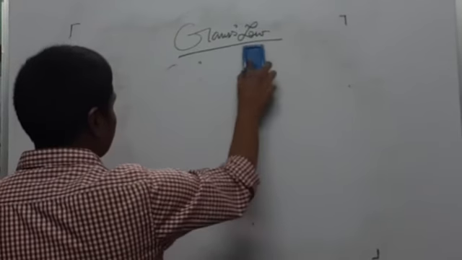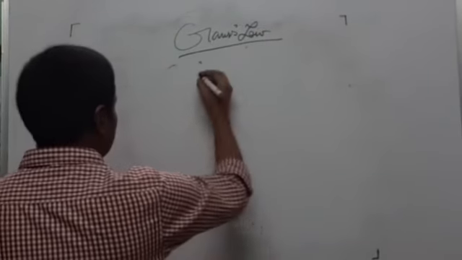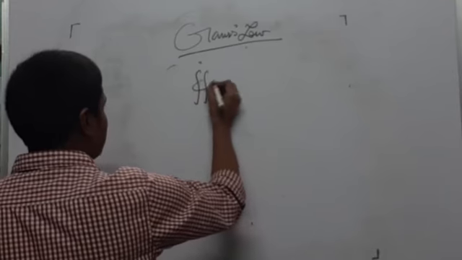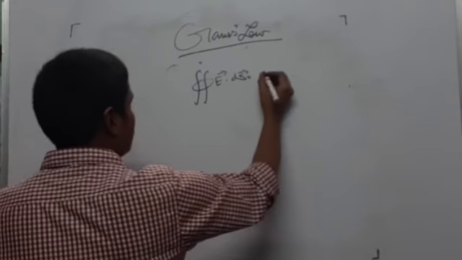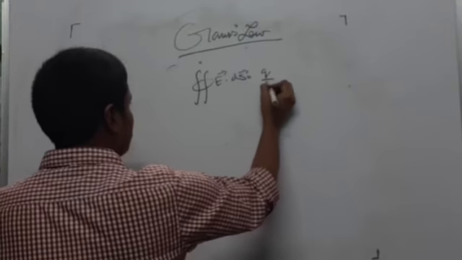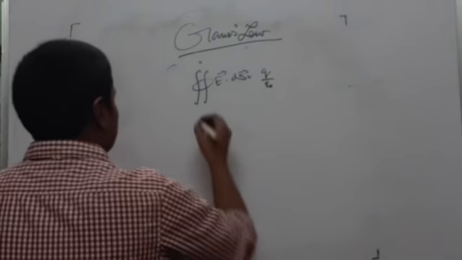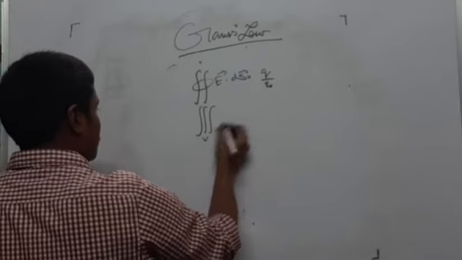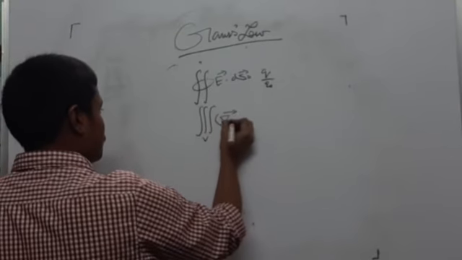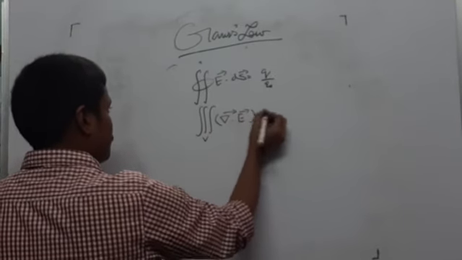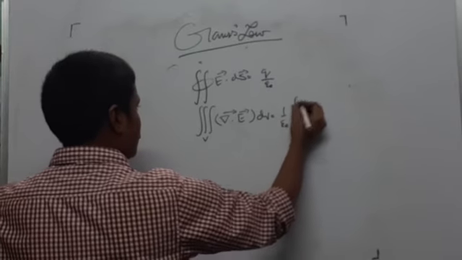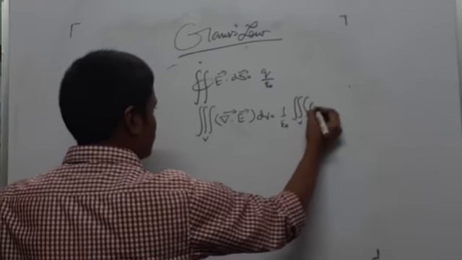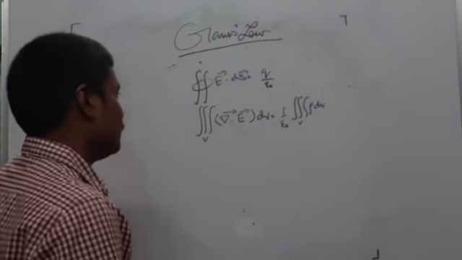And there is another form of Gauss's law. This was the integral form, which is Q over epsilon naught. But you can take this to a volume integral, according to the divergence theorem. If it's a continuous charge distribution, the charge can be written as rho dV.